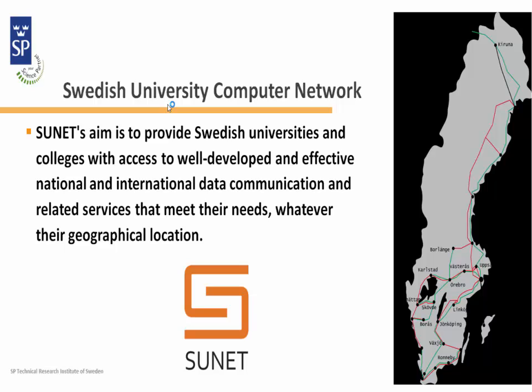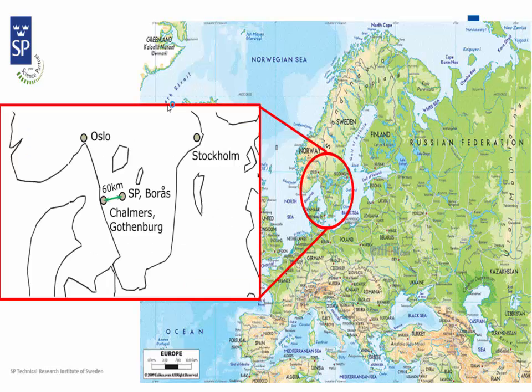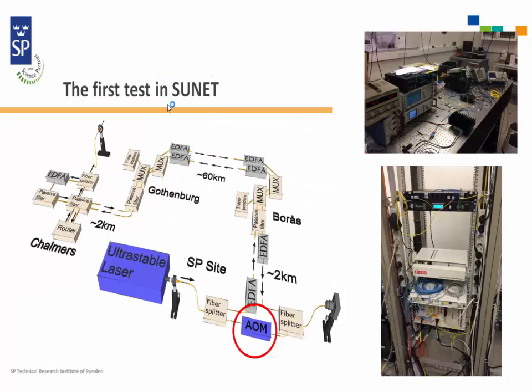We have a connection to it. And one of the nearby universities I was talking about is Chalmers University in Gothenburg. It's about 60 kilometers away from us. They're also connected to SUNET. And we know that the photonics group there would like to have access to our laser.